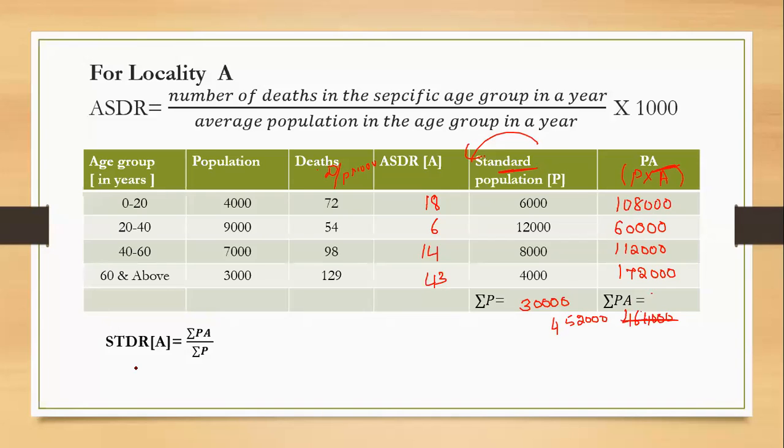Apply the formula for standardized death rate of locality A, that is summation PA divided by summation P. 4,64,000. Students, just calculate it properly. Is it 4,52,000 or 4,64,000? The total of PA.